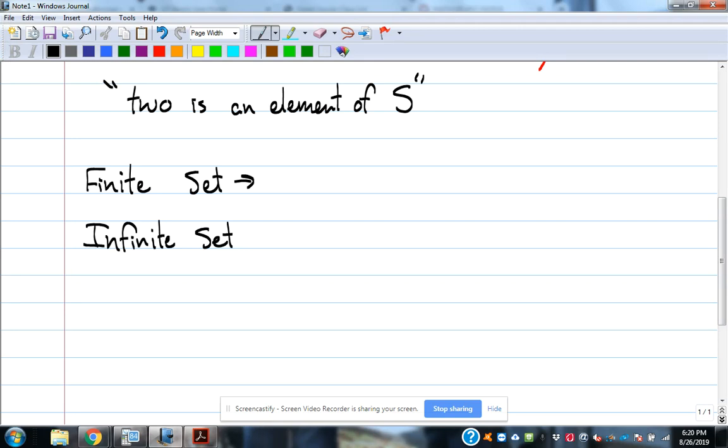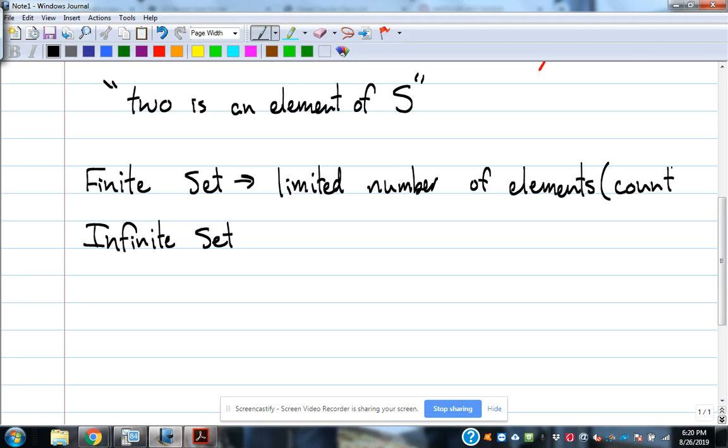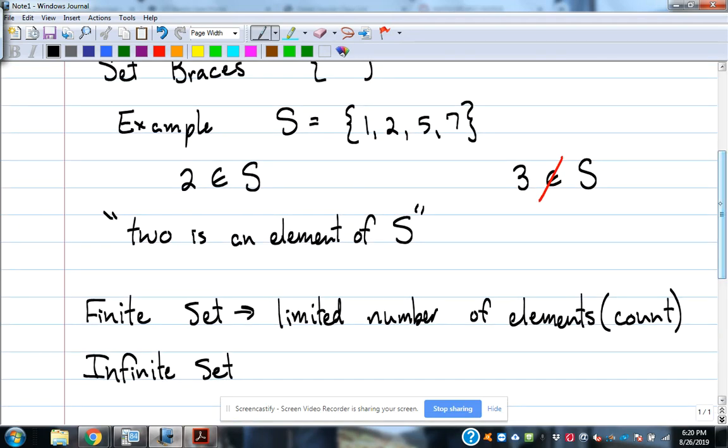That's right. There's only a certain number of them, okay? So there's a limited number of elements. That's the way we want to define that. Think about it as you can count how many there are. They're like our set that we had an example of here. That would be a finite set. It has 4 elements in it.